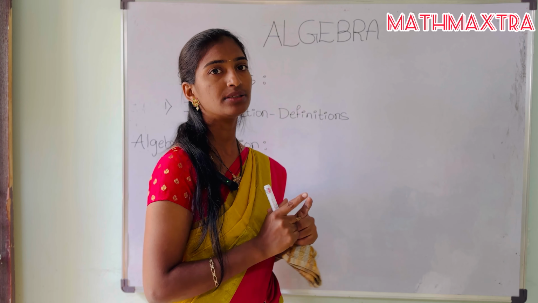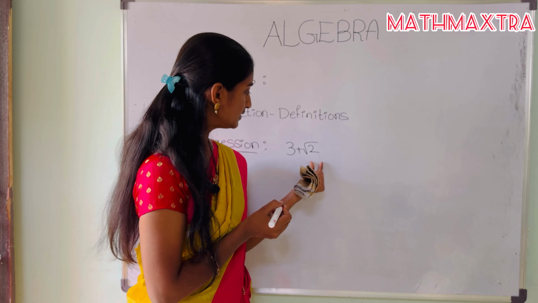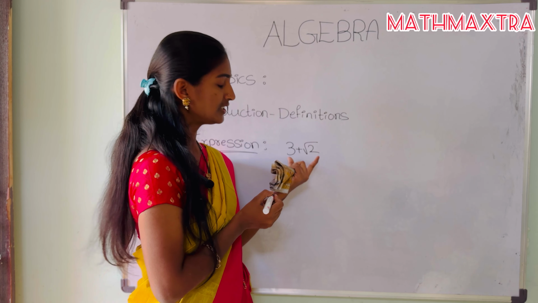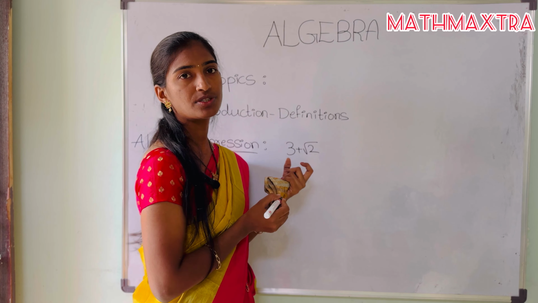See, 3 plus root 2. Is it an expression or not? Yes, it is a term, and these two terms are combined by plus, so it is an expression. But if these are fixed numbers, we call this a numerical expression.